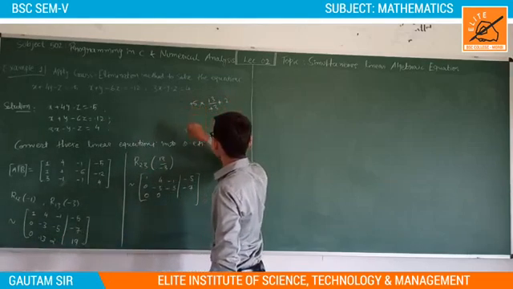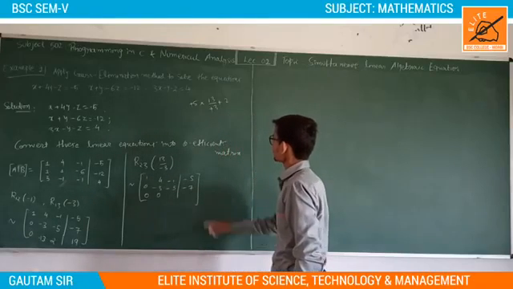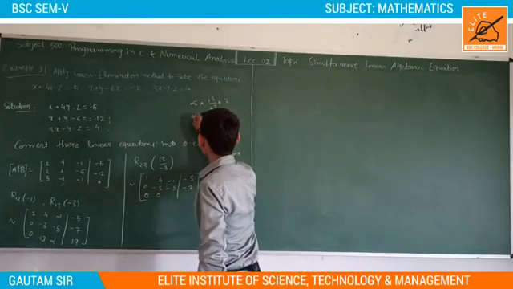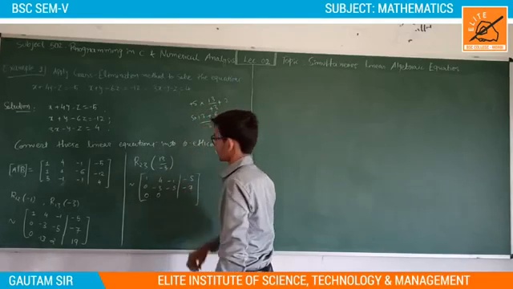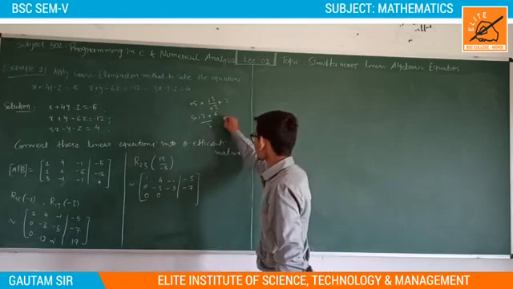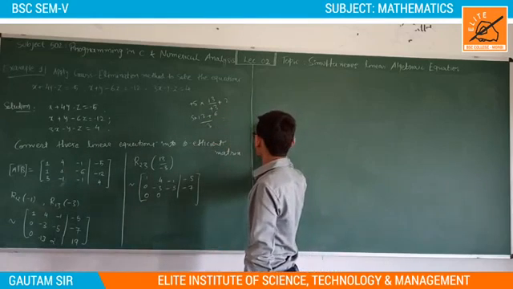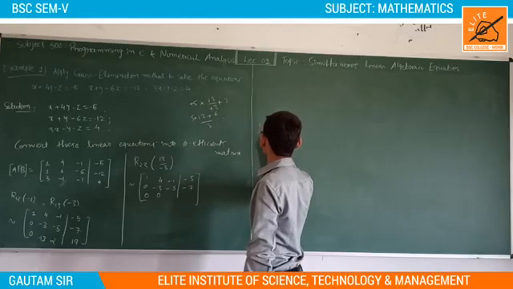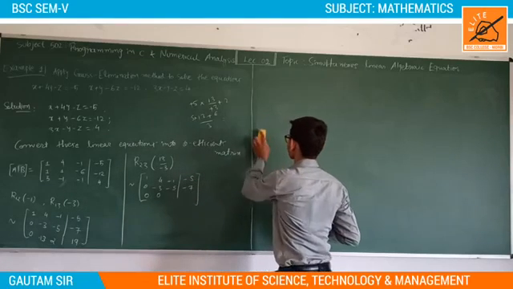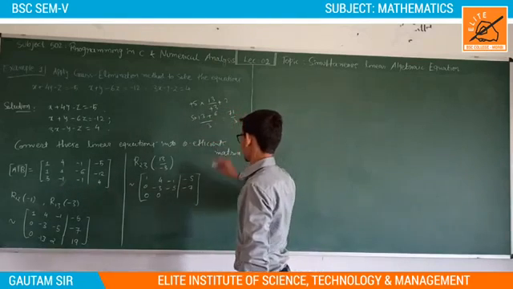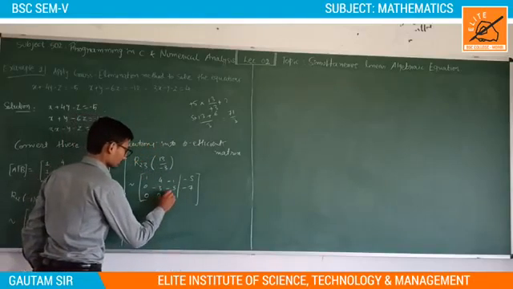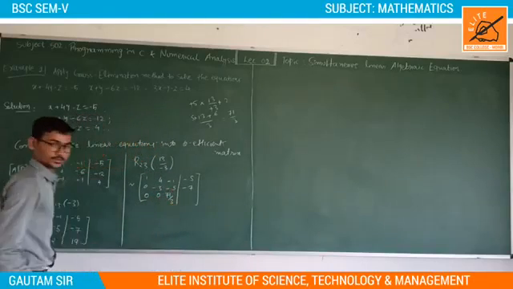You get minus minus plus. The LCM is 3. 5 multiplied by 13 plus 3 into 2 is 6, divided by 3. The answer is 71 by 3. So here 71 by 3.